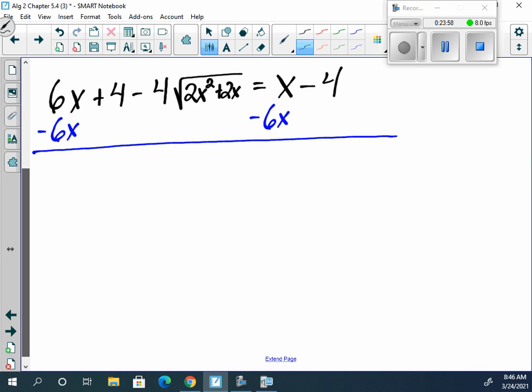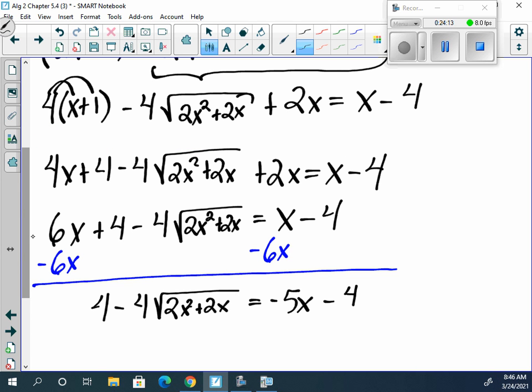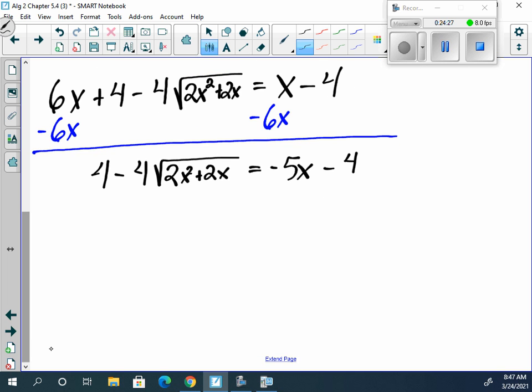So we can subtract 6x from both sides, which would leave us with 4 minus 4 square root of 2x squared plus 2x equals negative 5x minus 4. Almost done moving everything.